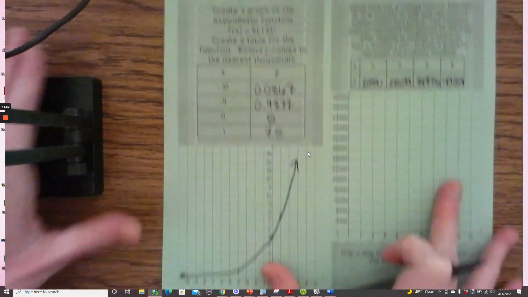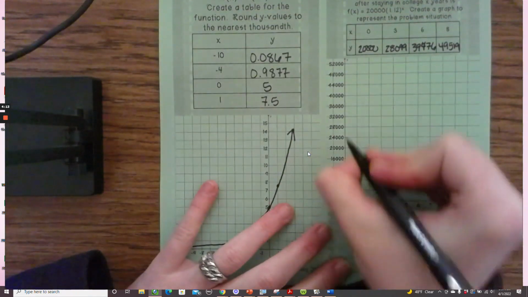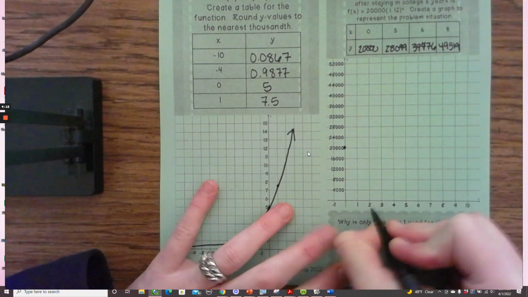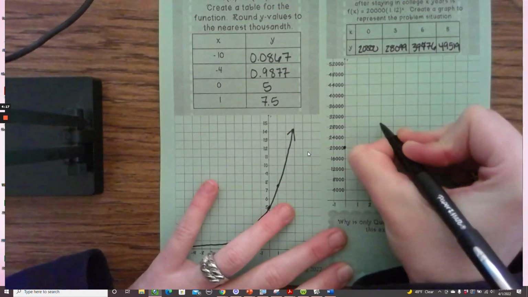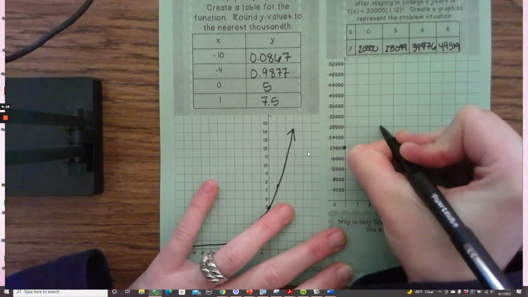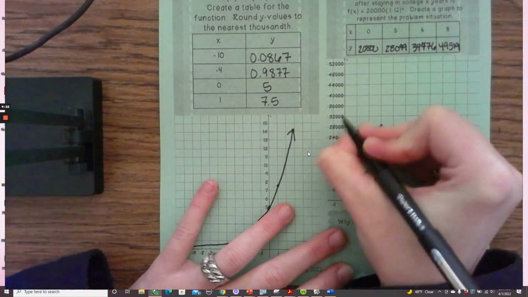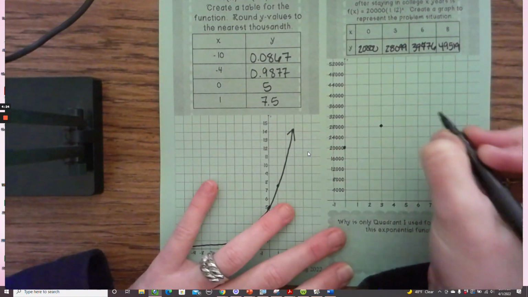So our first value, 0, 20,000, would be about here. 3, and then about 28,000. So it's a little bit over, so I'm just going to put a scotch mark, because these are pretty big jumps. We're jumping by about 4,000 each time.